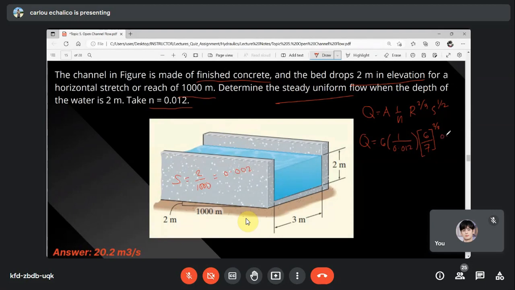Compute 0.002 raised to 1/2. Therefore, our discharge is 20.2 cubic meters per second.